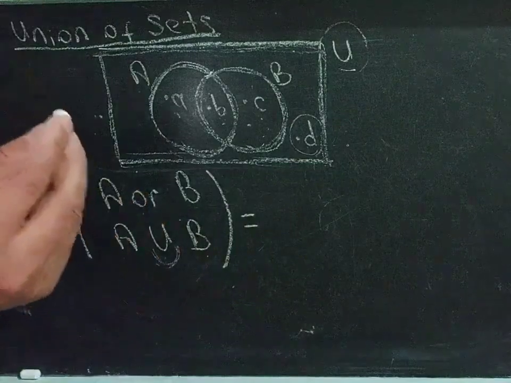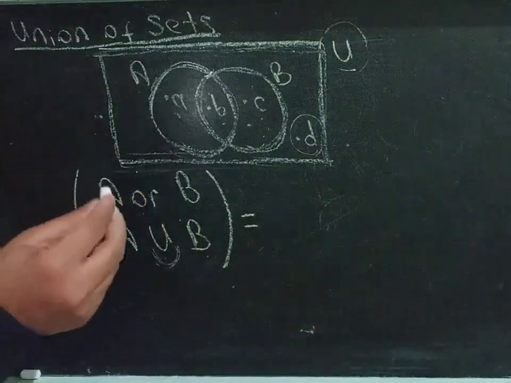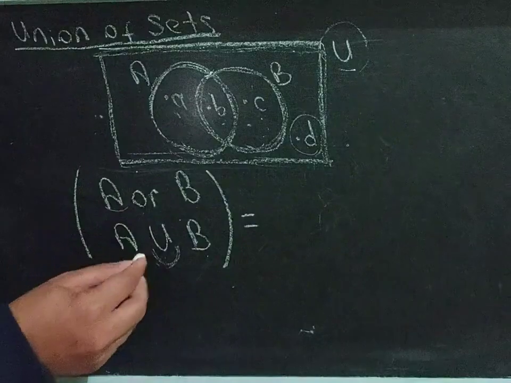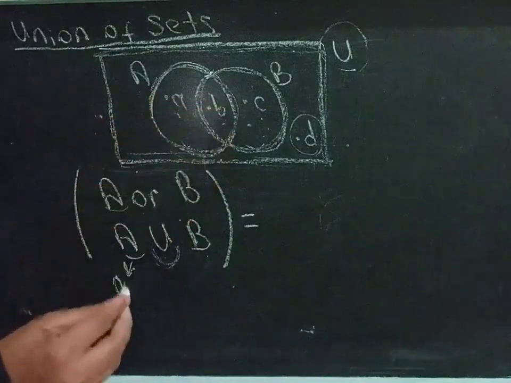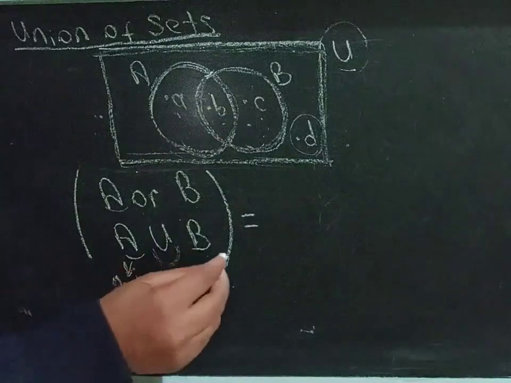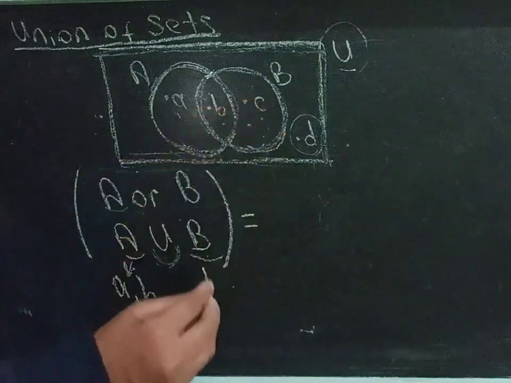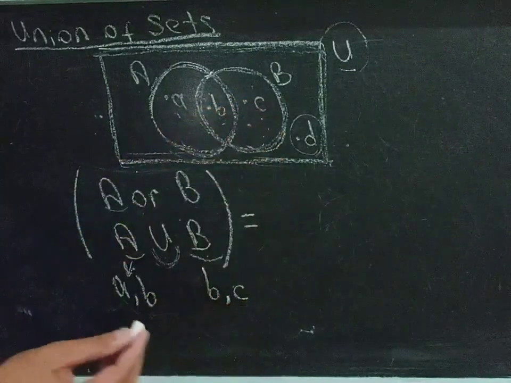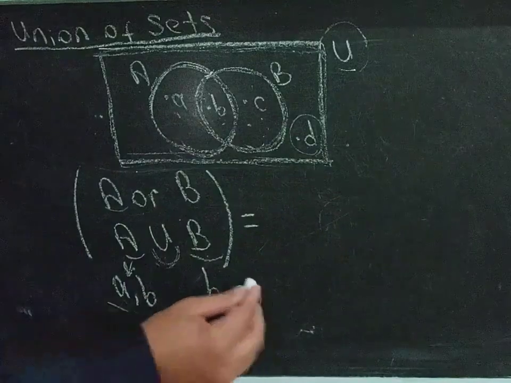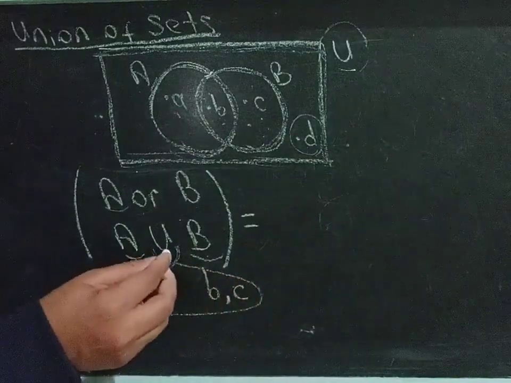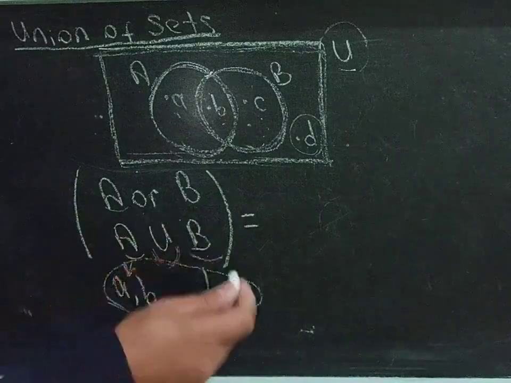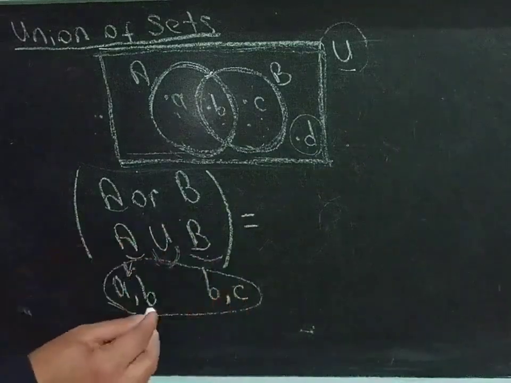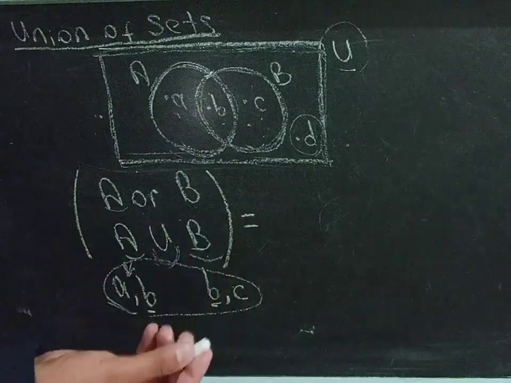What do you do? You write all elements for A, that will be A and B, and you write all elements for B, B and C, and so now we are going to write all of them. Because union is a combination of them, while you are writing all those elements, you don't need to write the same letters twice, just once is enough.